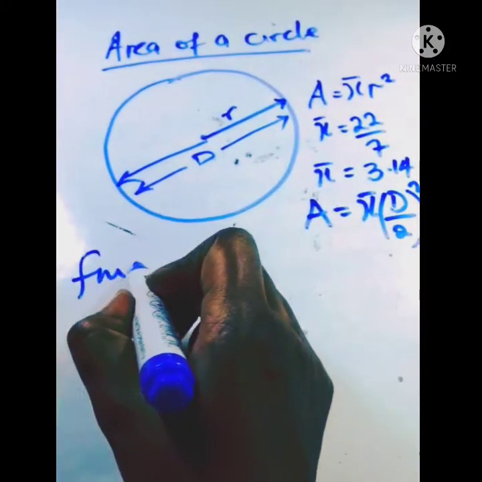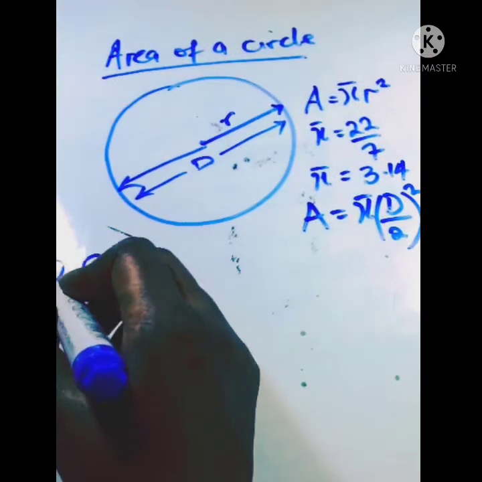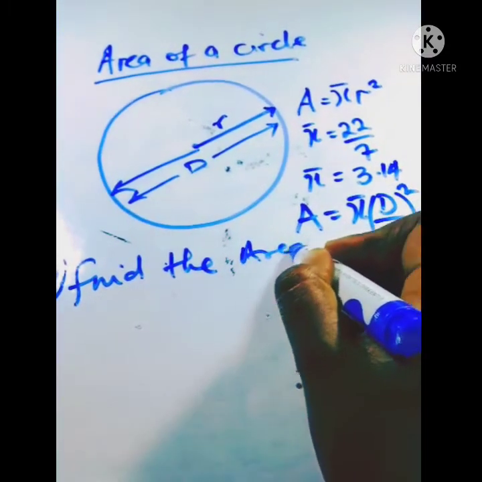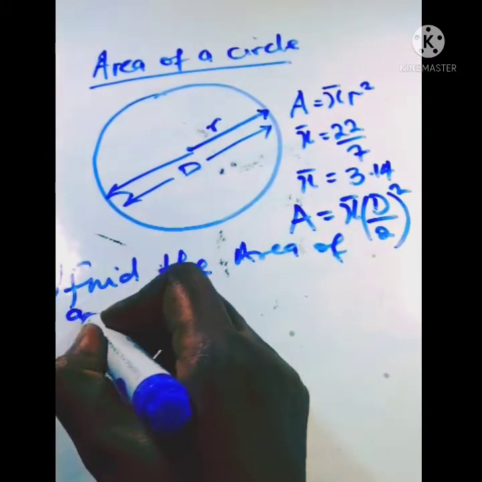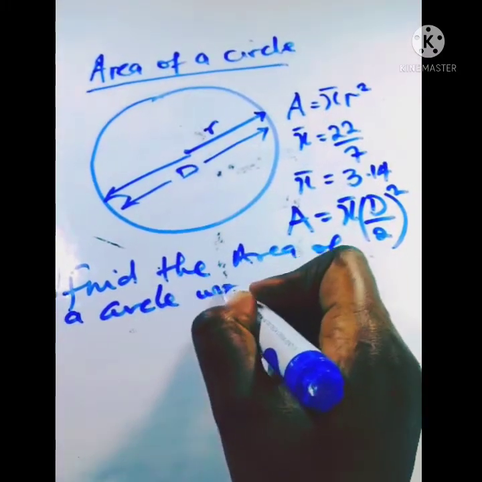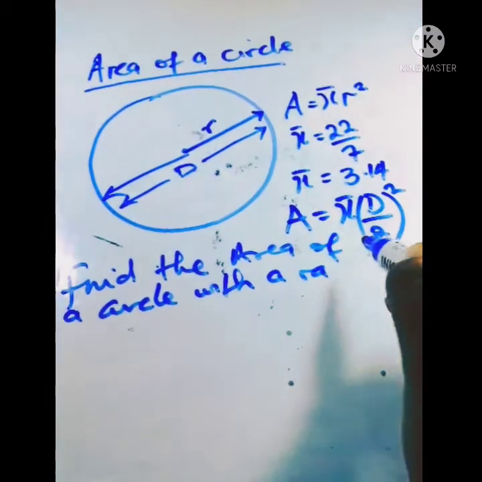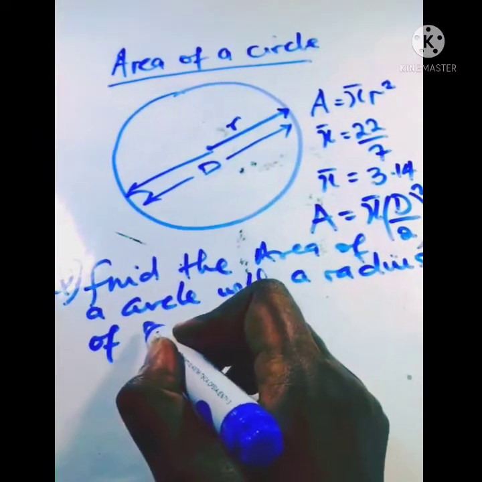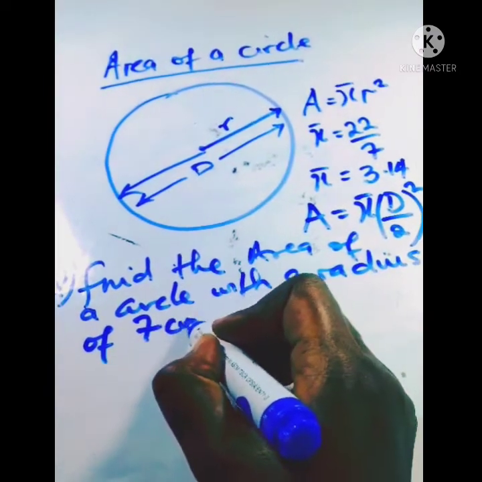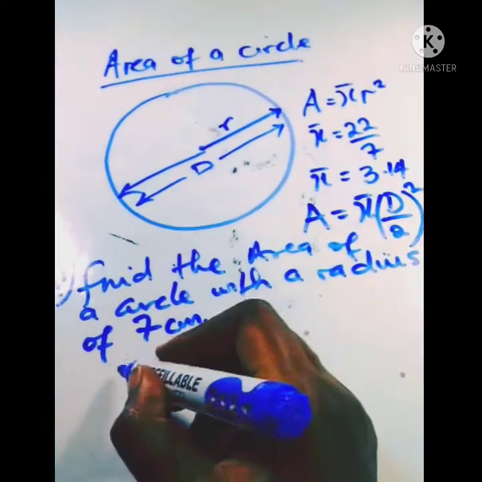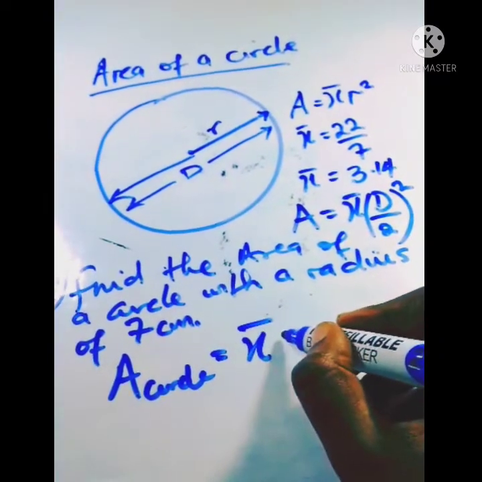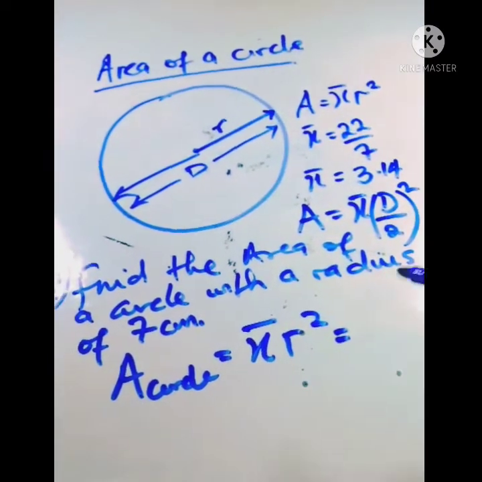Find the area of a circle with a radius of 7 centimeters. So the area of a circle is equal to pi r square, which is what?